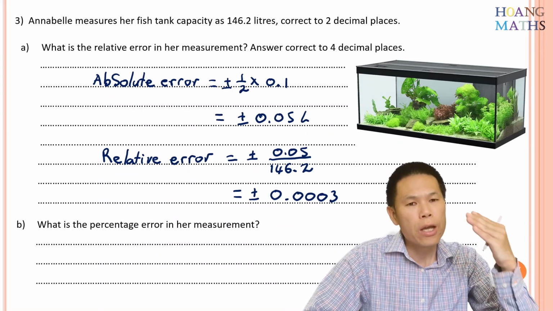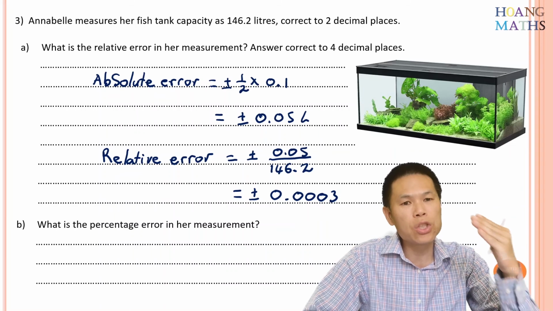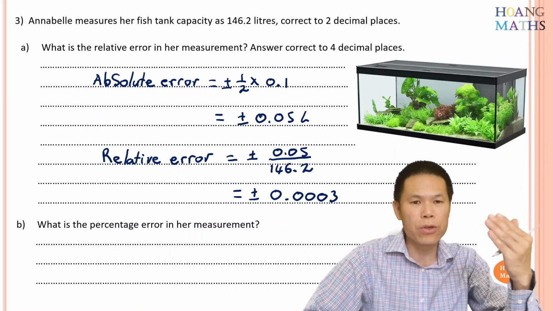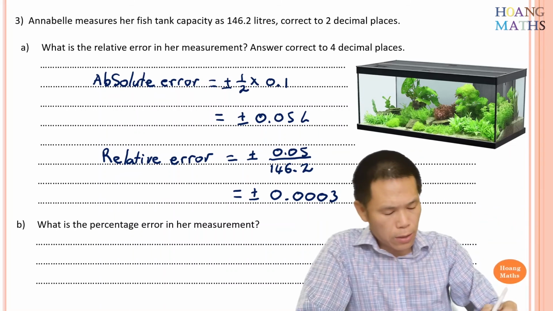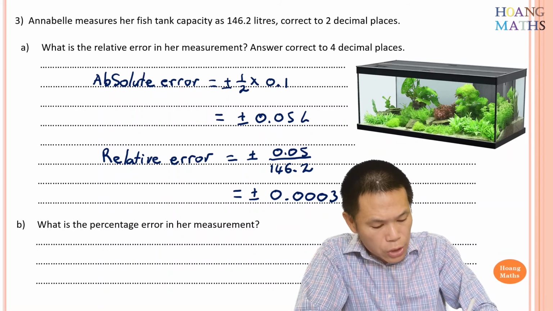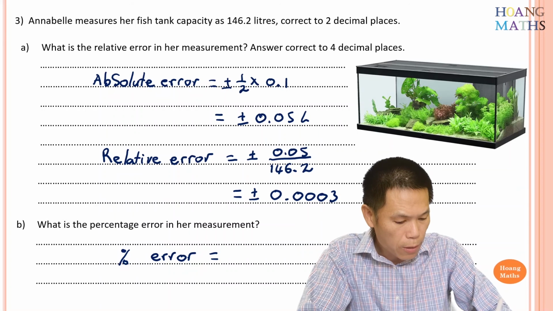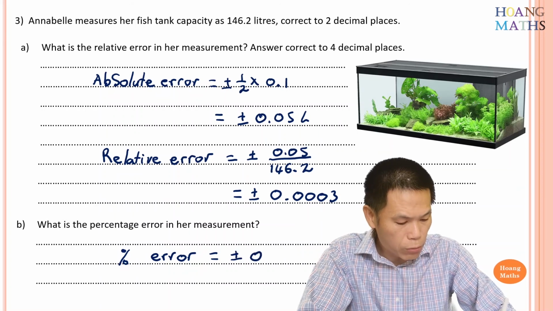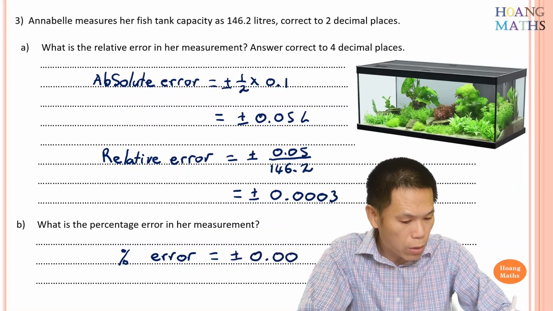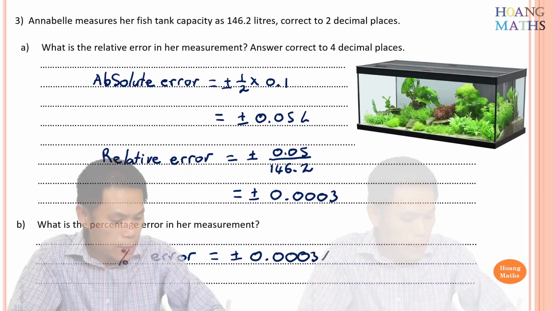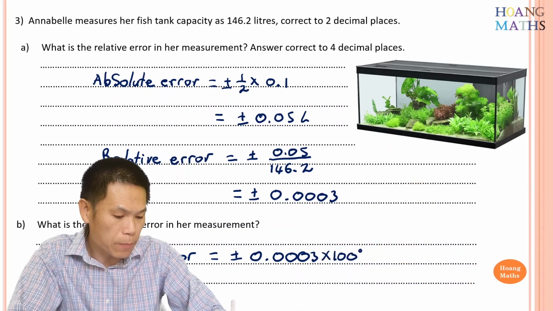Now to work out the percentage error, we convert the relative error into a percentage. Otherwise, you just use the absolute error over the measurement times by 100%. So the percentage error is equal to plus or minus 0.0003 times by 100%.